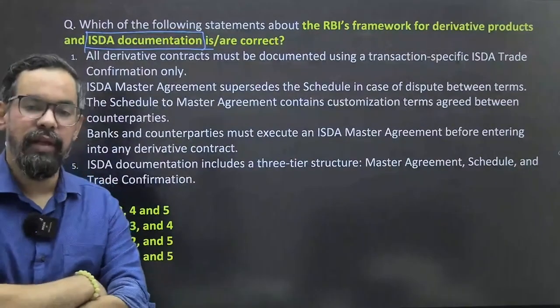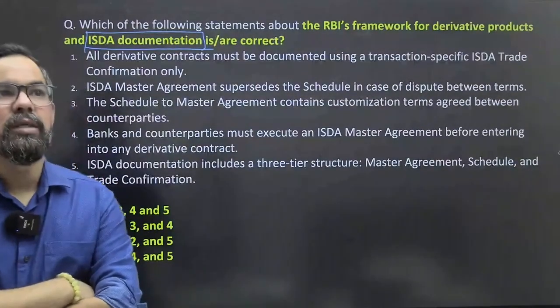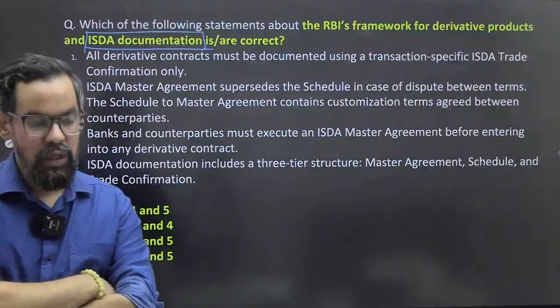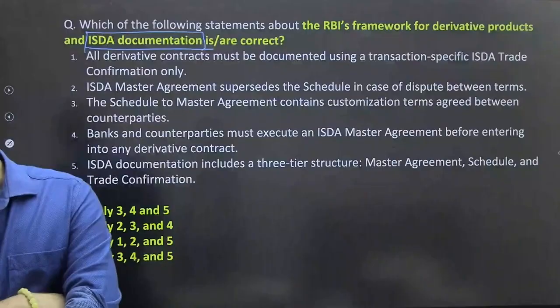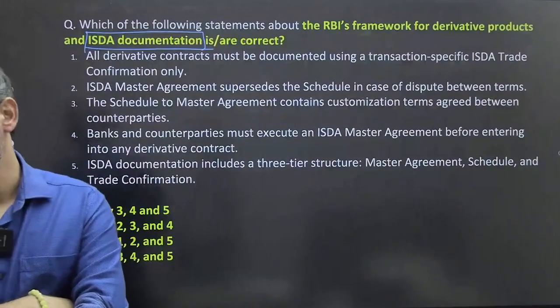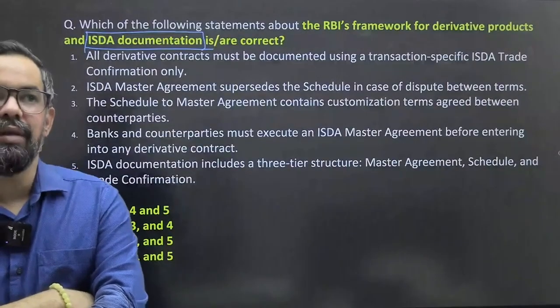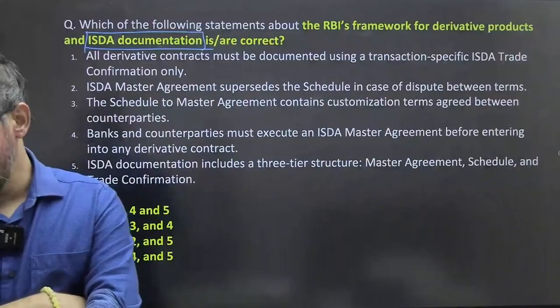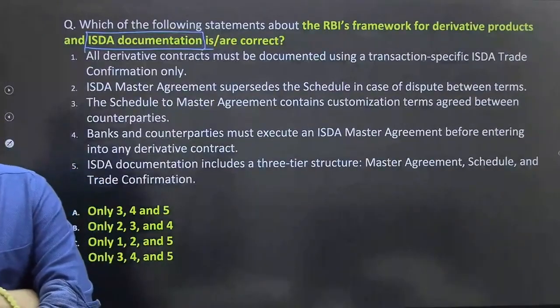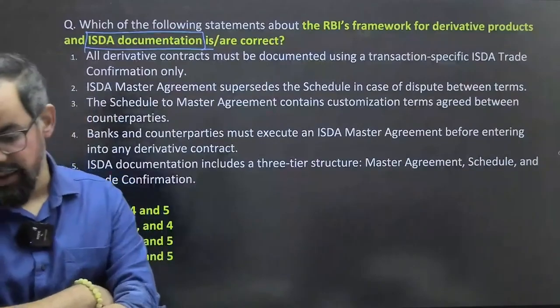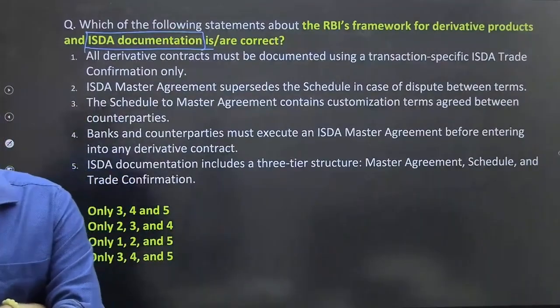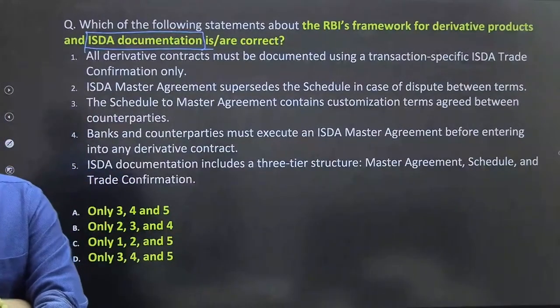So we have three types of documents. One is master agreements, another is trade confirmation, okay. And sorry, master agreement, trade confirmation, and one more is there: the schedule, okay. Master agreement and schedule are generally part of this particular one.